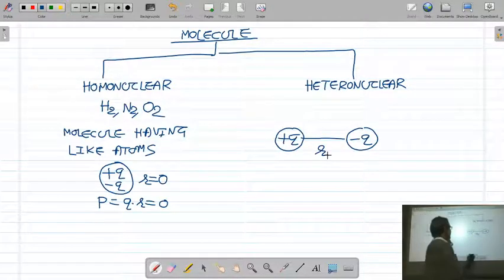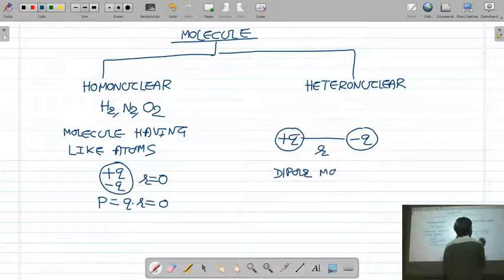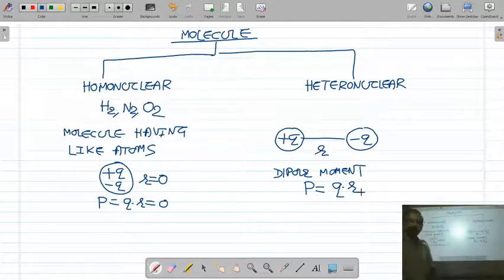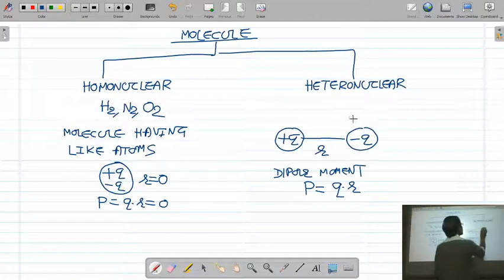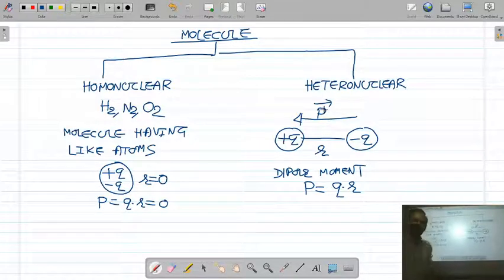The dipole moment is defined as the magnitude of the charge q into the distance between two charges r. The direction of dipole moment is always from minus q to plus q. The direction of electric field is from plus q to minus q, and the direction of dipole moment is opposite.